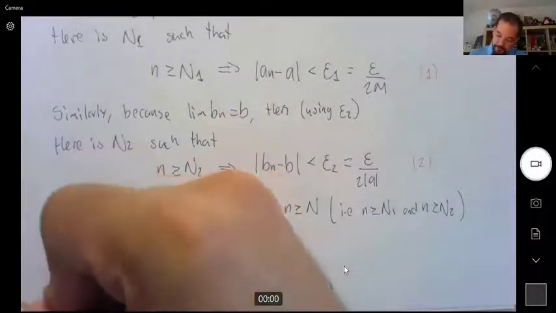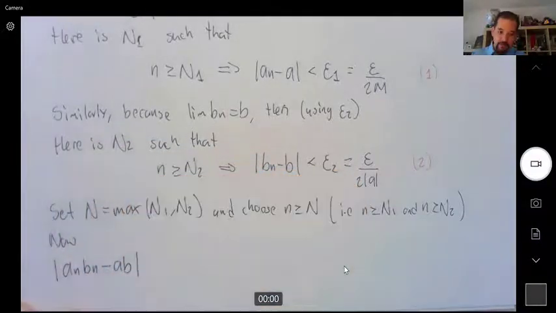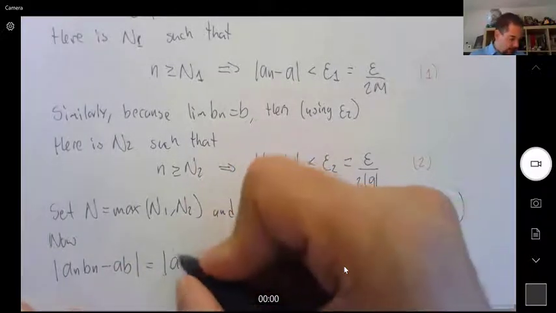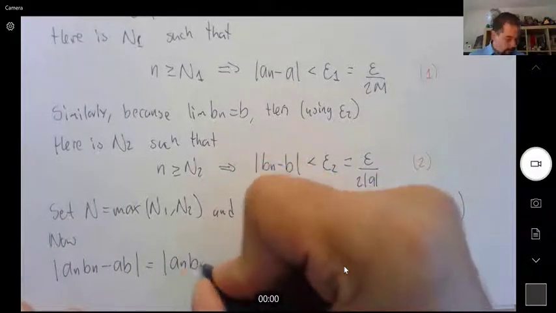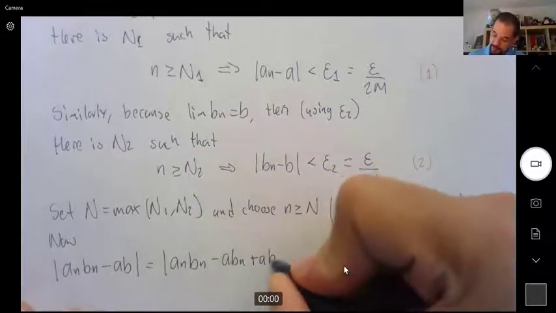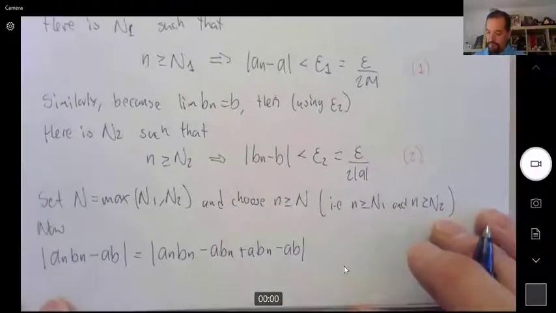Okay, so then this happens. If I write anbn minus ab, I can introduce the tricky middle term we added, which is a times bn plus abn. I didn't use a different color this time because I had used it before.